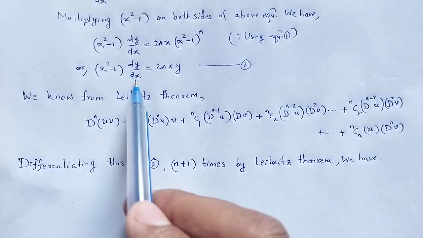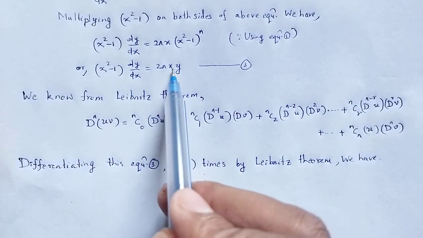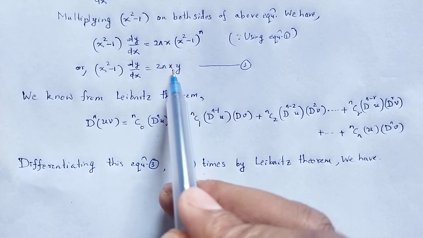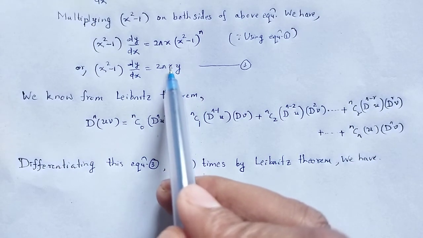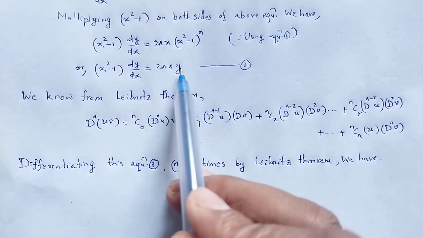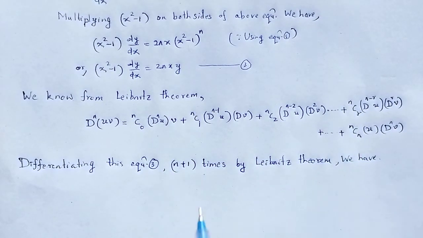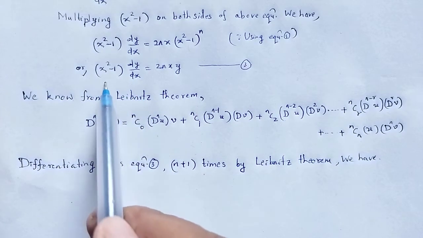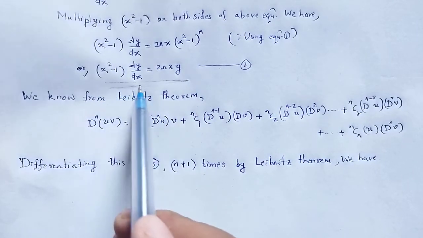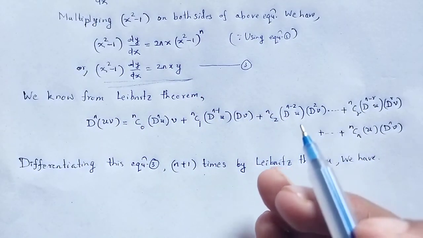This is the first function and that is the second function, and in the other case I take x as v and y as u.